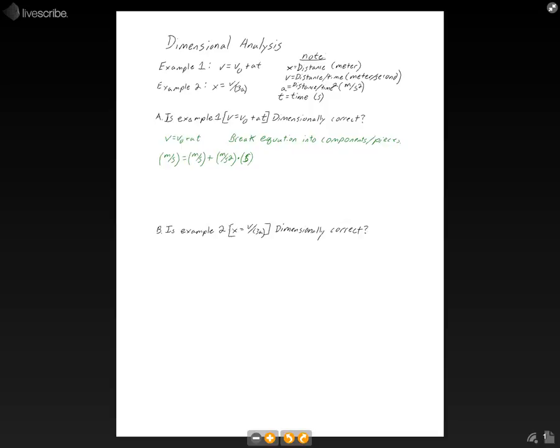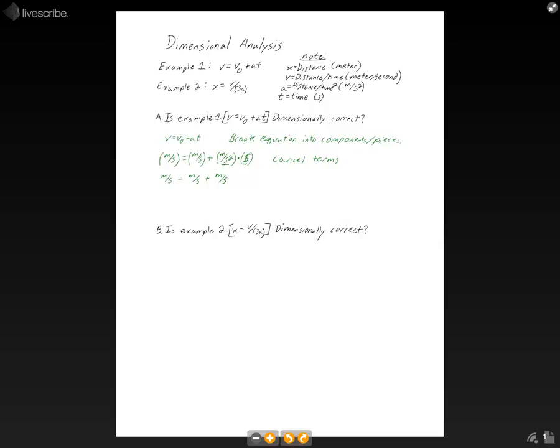Then cancel terms. And when you cancel terms, the seconds in the denominator can cancel with the seconds in the numerator and the at part of the equation, leaving you with meters per second is equal to meters per second plus meters per second.